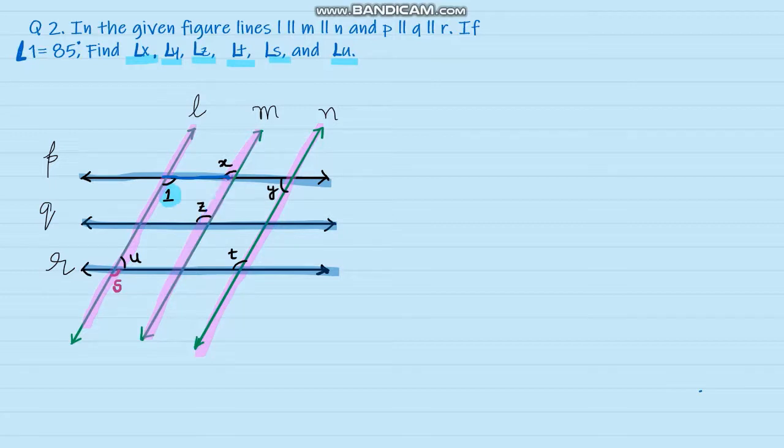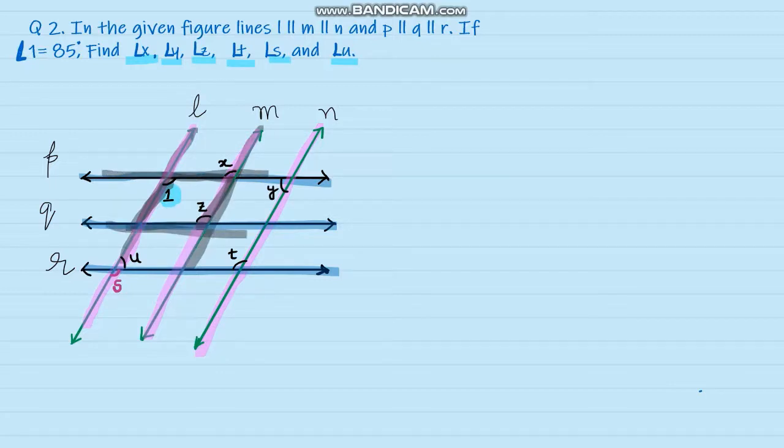Let me show you. Look here. This forms a parallelogram because L parallel M and P parallel Q.